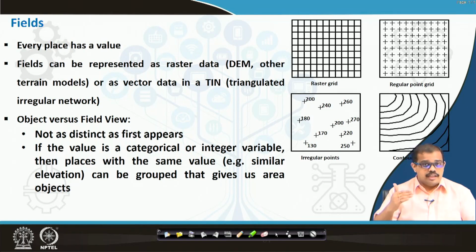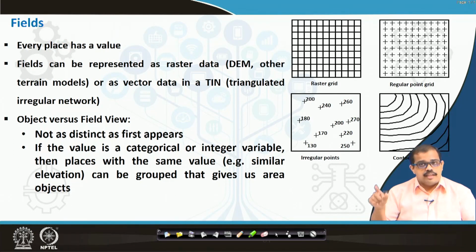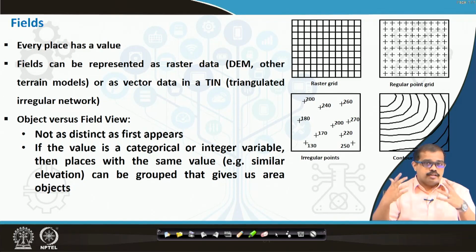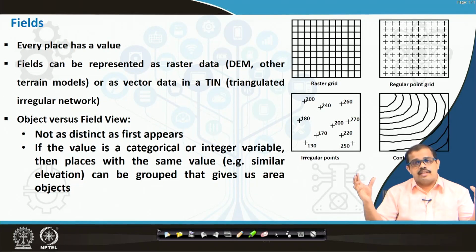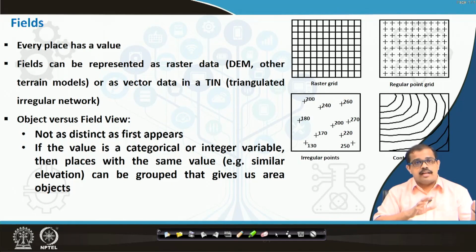If it is a categorical or integer variable, then places with the same value can be grouped into an object. For example, if there are a number of polygons with the same value, they can be easily grouped. Whereas if the entire elevation data is the same, it is not possible to group it because it is a continuous phenomenon. So an object can be easily grouped, whereas a field cannot.